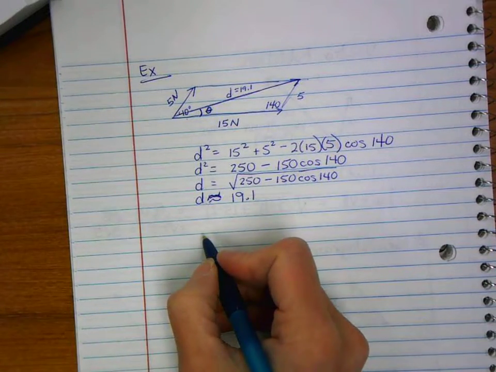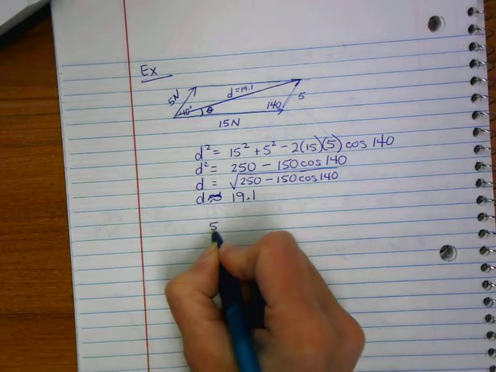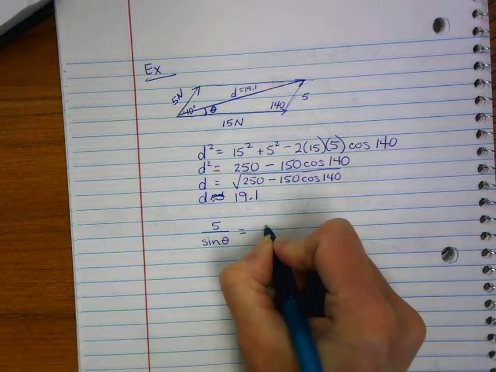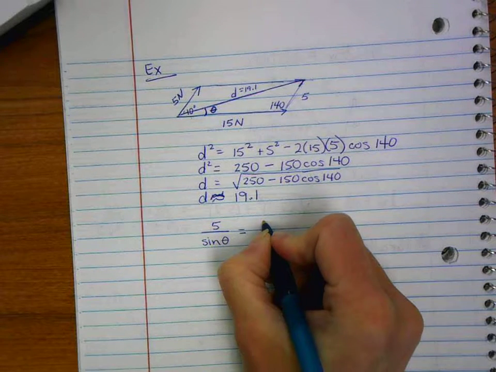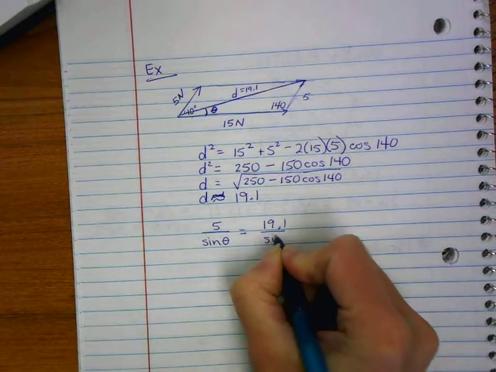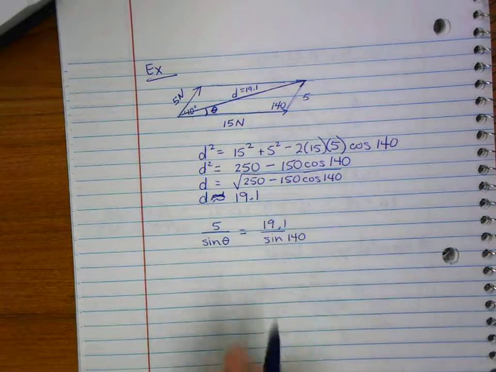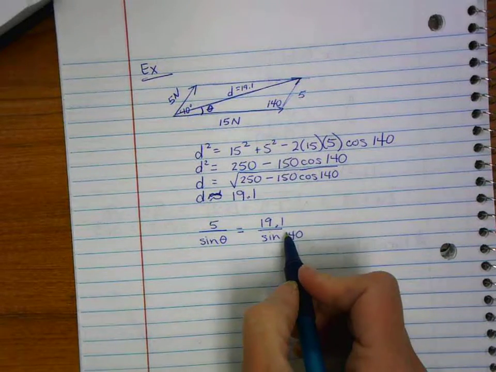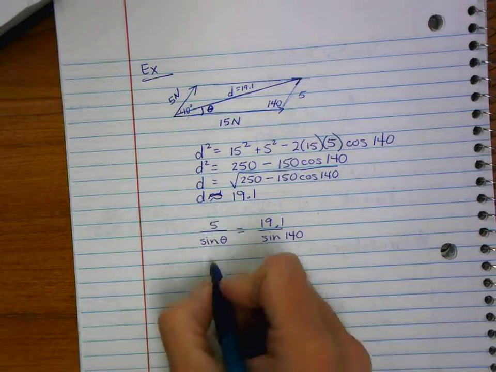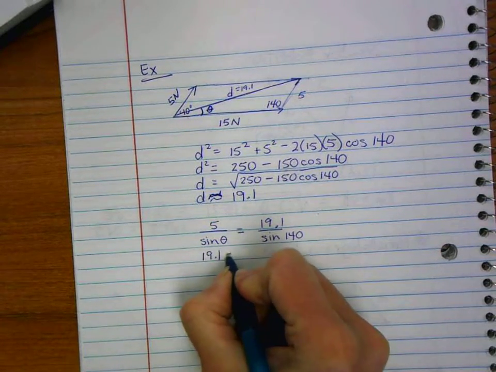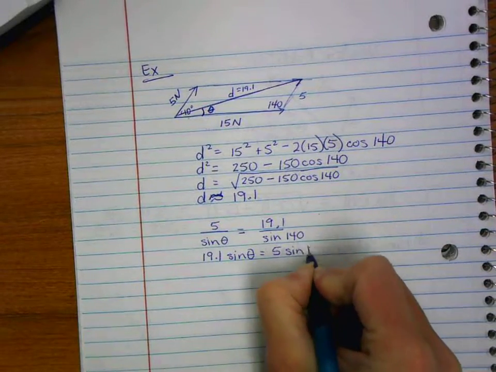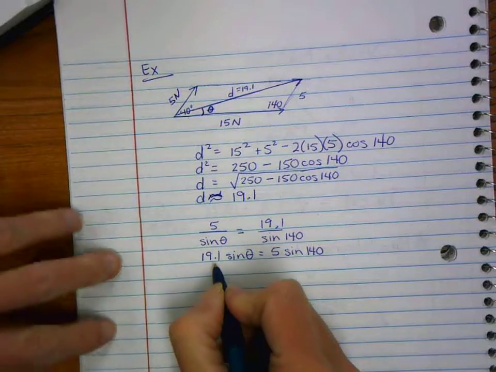So to find my angle, I'm going to set up the law of sines where I have 5 over the sine of theta equals 19.1 over the sine of 140. And as I solve this, I'm going to cross multiply and then divide.